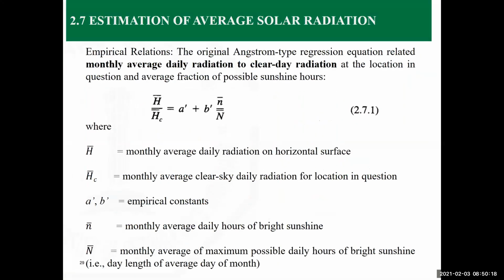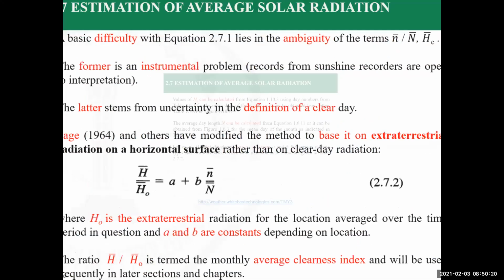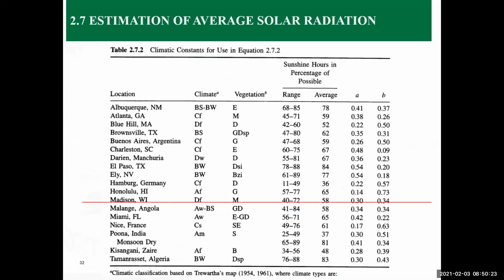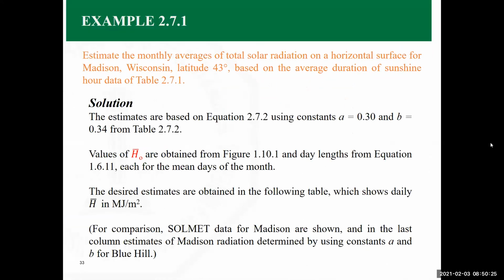So back to the example again, it is asking for monthly average total solar radiation on a horizontal surface for Wisconsin-Madison for this latitude 43, based on average duration of sunshine hour as given in the data.